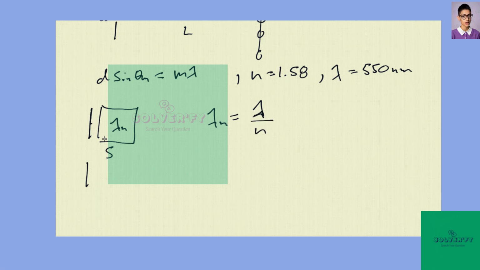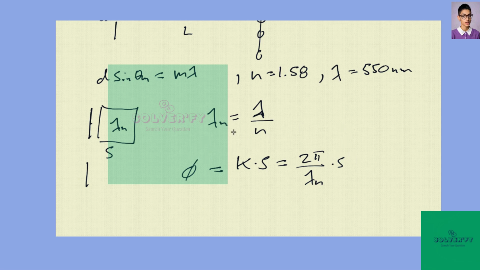The phase for any given ray of light is the wave number k times the distance traveled, which in this case is s. The wave number is just 2 pi over the wavelength, which is lambda_n, so it's different for these two, and then times s.